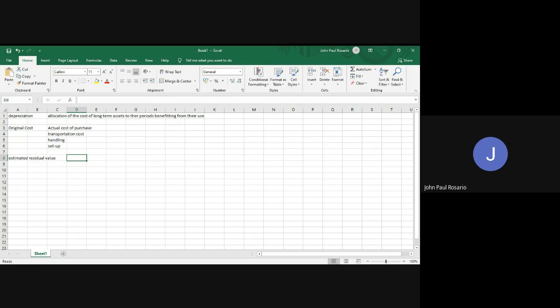This can also be called the salvage value, scrap value, and trade-in value. And then we have our estimated useful life.